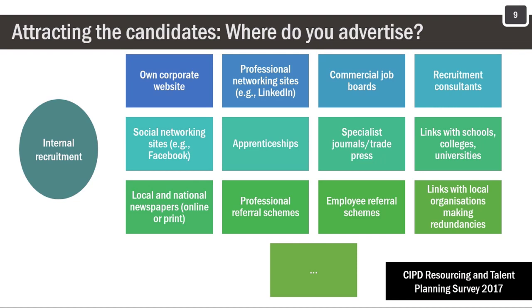You can also link with local organizations that make redundancies. You should not overlook the traditional print, such as local and national newspapers. Of course, many of them are also available online. You can use professional referral schemes. And you can use employee referral schemes, which offer an incentive to existing employees to assist in the recruitment of friends or contacts. This is the list of the most common sources from the CIPD Resourcing and Talent Planning Survey conducted last year.